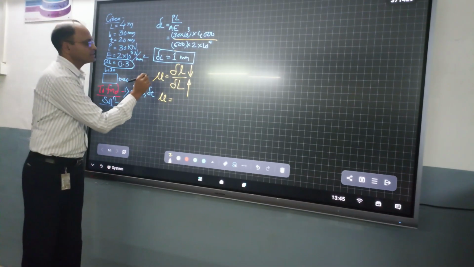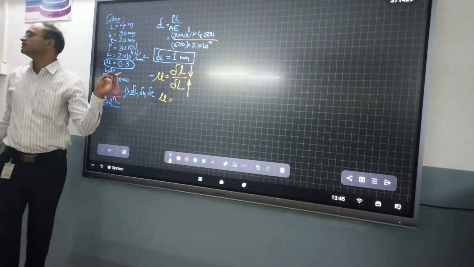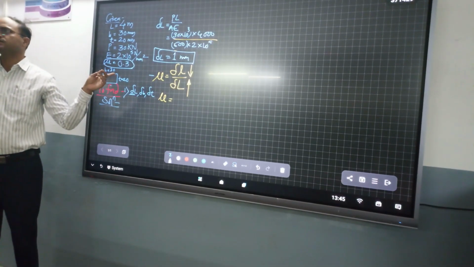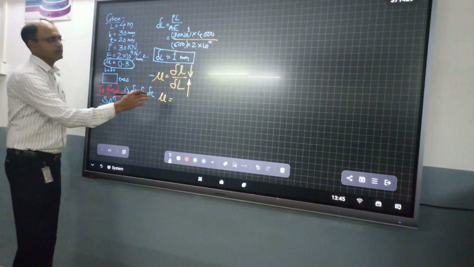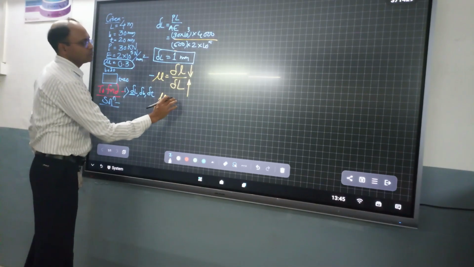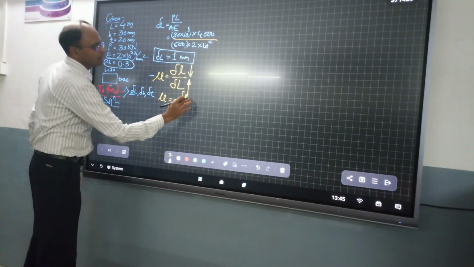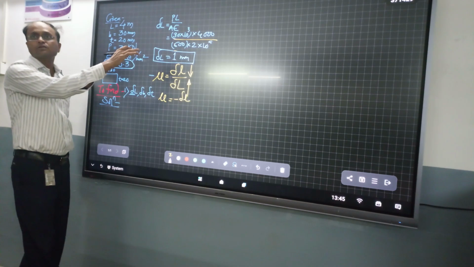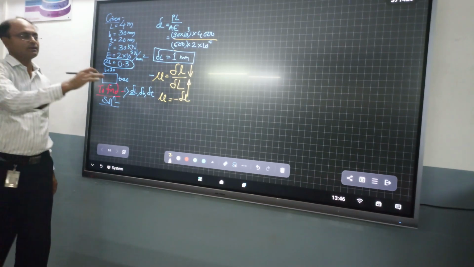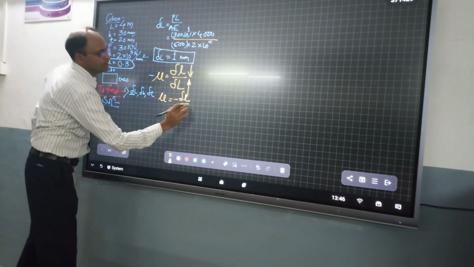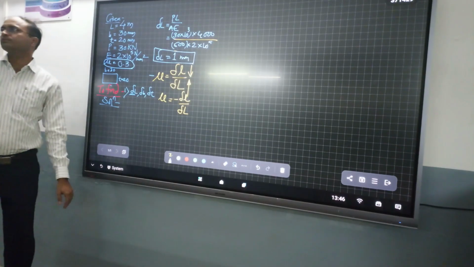That's why we attach a minus sign with this mu, Poisson's ratio. And that's why we can write mu is equal to minus delta L. Small l means lateral. What does small l mean? Lateral. And capital L means? Linear, upon linear. Is it clear?